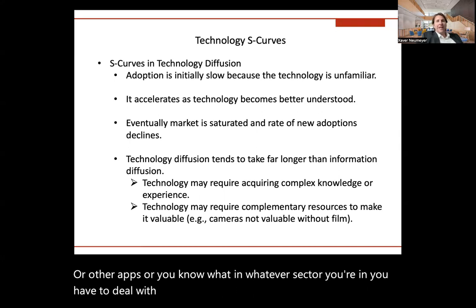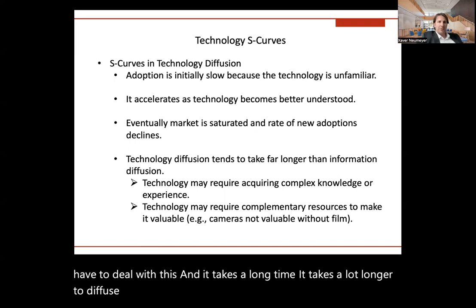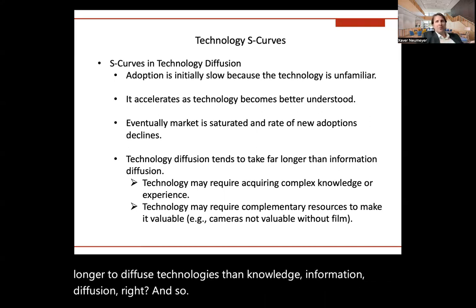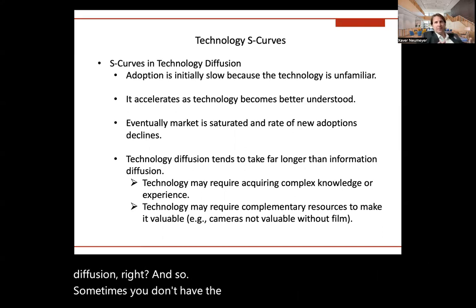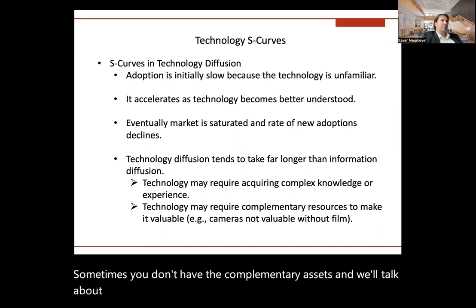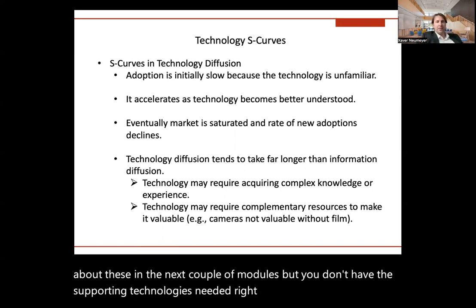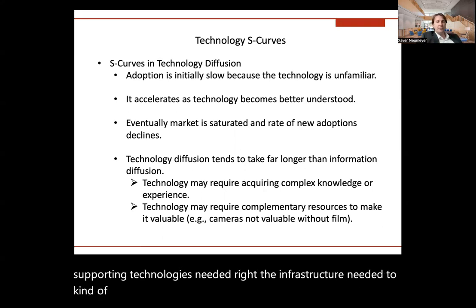It takes a lot longer to diffuse technologies than knowledge or information, right? Sometimes you don't have the complementary assets, and we'll talk about these in the next couple of modules, but you don't have the supporting technologies and the infrastructure needed to make your technology successful.